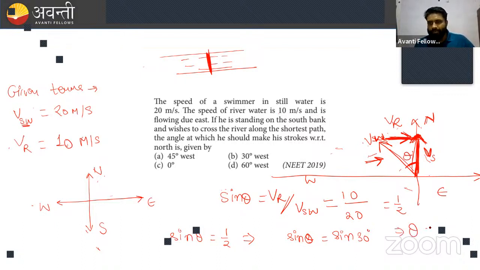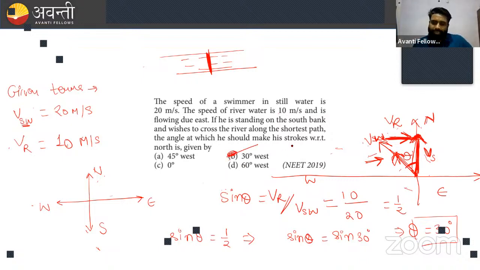So from here we would get theta as 30 degree. The final resultant direction is in west direction. So we would get option B as the correct option, 30 degree in west direction.